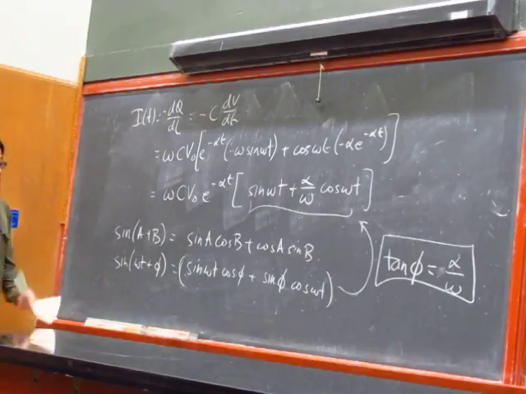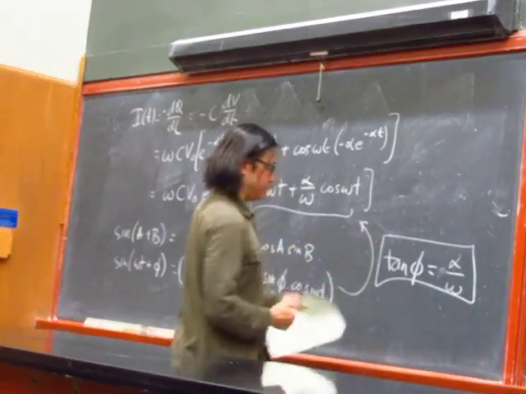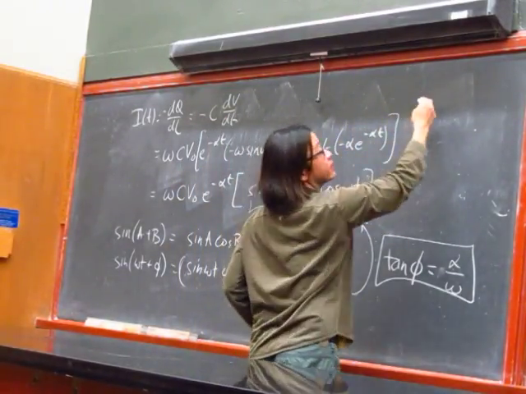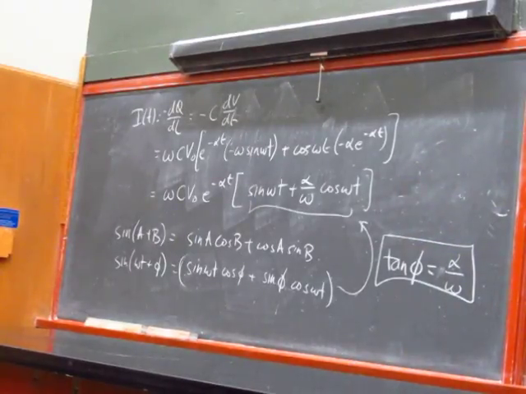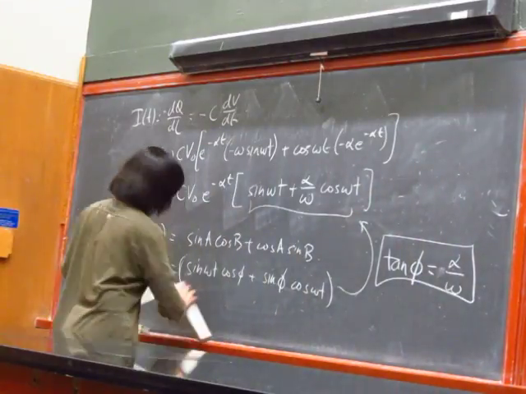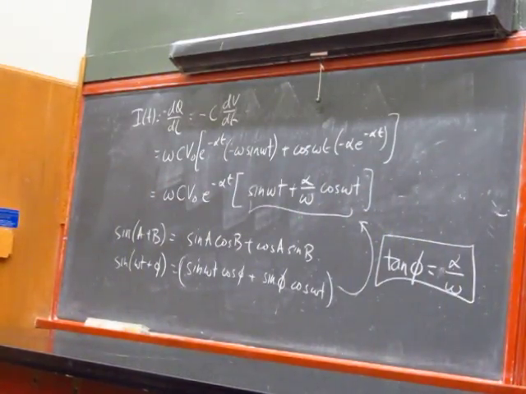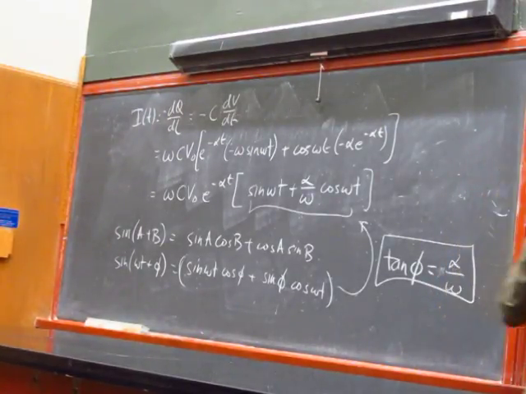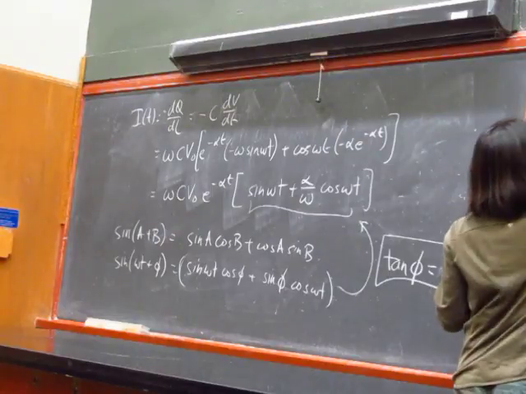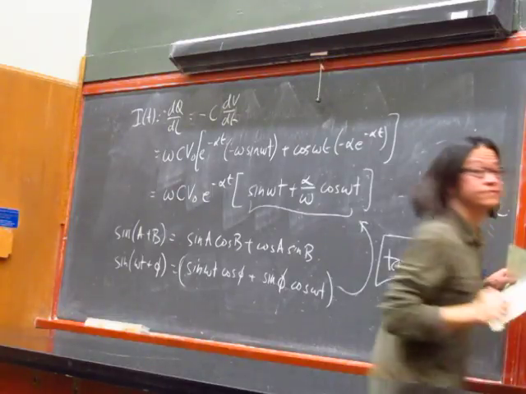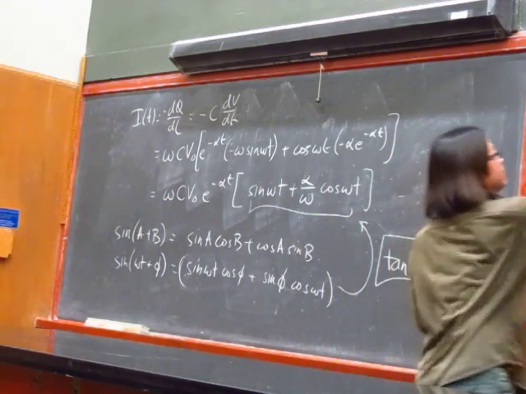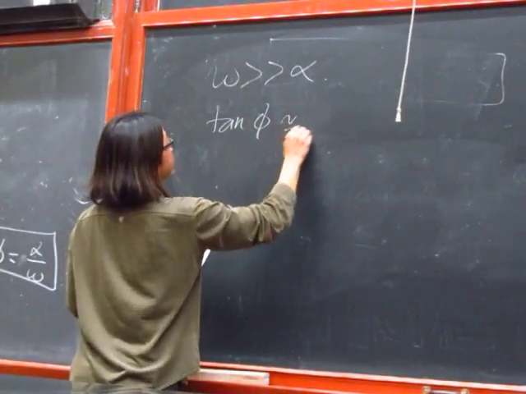Since omega is much larger than alpha, which is the condition that we're looking at, tangent phi is close to 0.